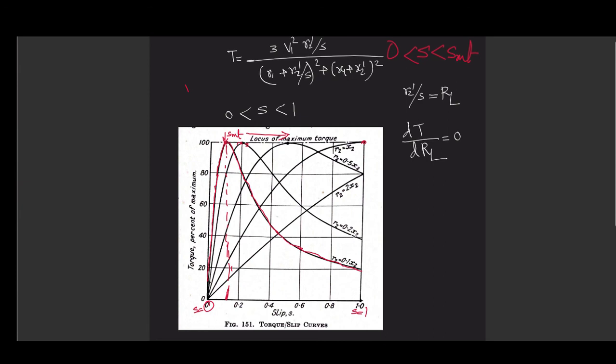Now again you may argue that R2 dash is in the numerator and R2 dash is in the denominator. So if we have a higher value of R2 dash, how can we claim that it will give us a higher value of starting torque? So I leave you with this question, and please try to find out the answer.